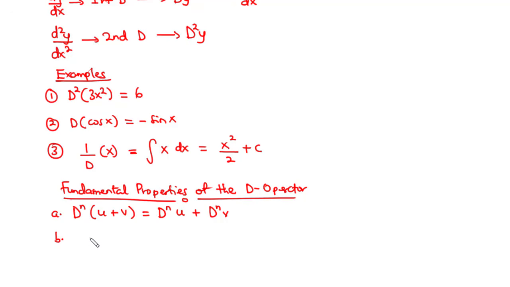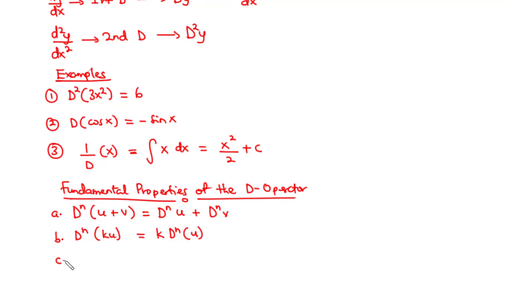B, if you have D to the power n of k times u, where k is a constant, then you pull out k, and you have k times D to the power n of u.